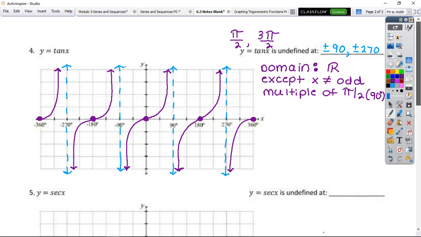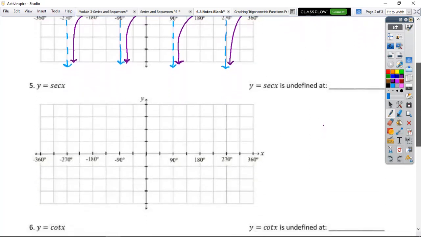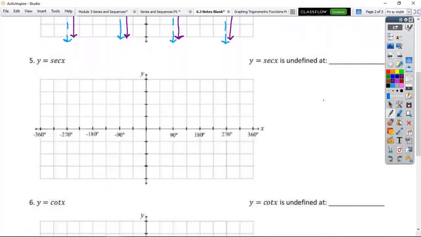All right, your next function, secant goes with which trig function or its reciprocal? Yep, cosine. Good. So we're going to do a cosine graph on here first, and then we'll see your secant graph. So cosine. So I'm at 1, 0, -1, 0, 1.